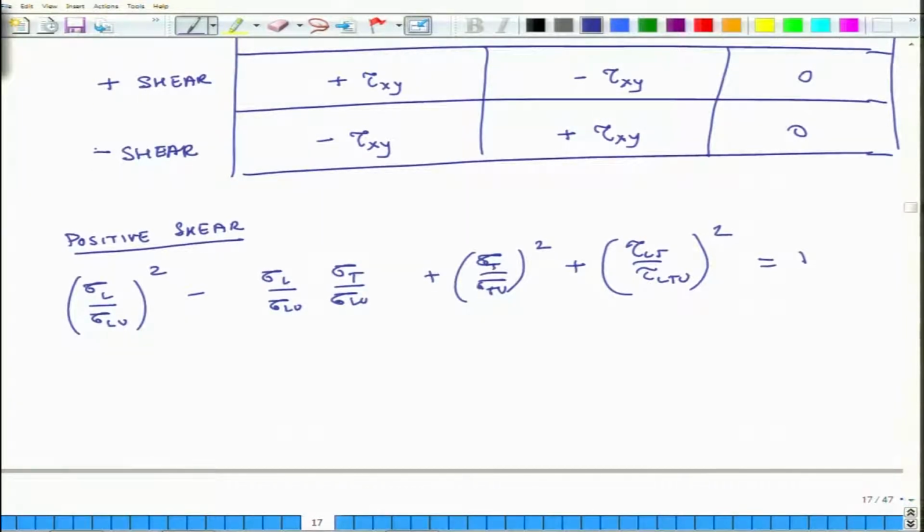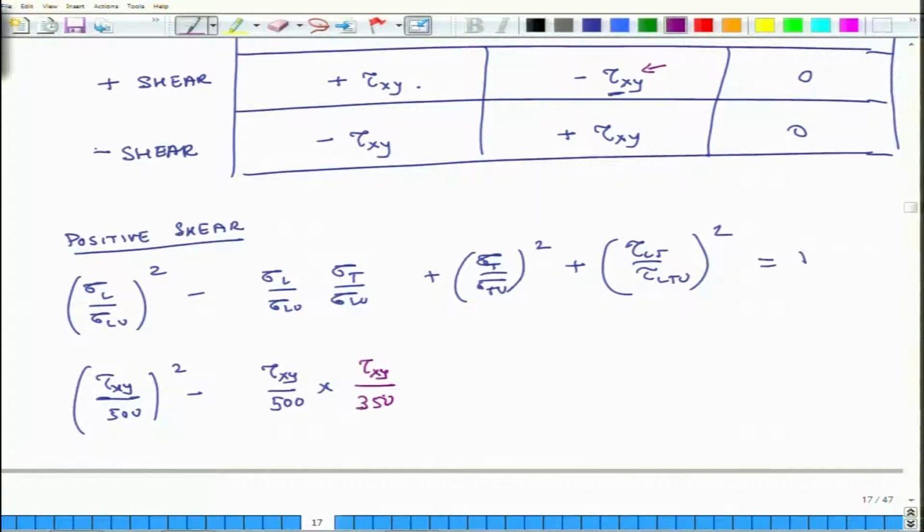So, we put in these values. When it is positive shear, sigma L is positive, so it is tau xy divided by sigma Lu, which is 500, and this whole thing is squared, minus tau xy by 500 times sigma T. Now, sigma T is negative, so it means it is compressive, but its value is still tau xy, and the corresponding strength is 350.